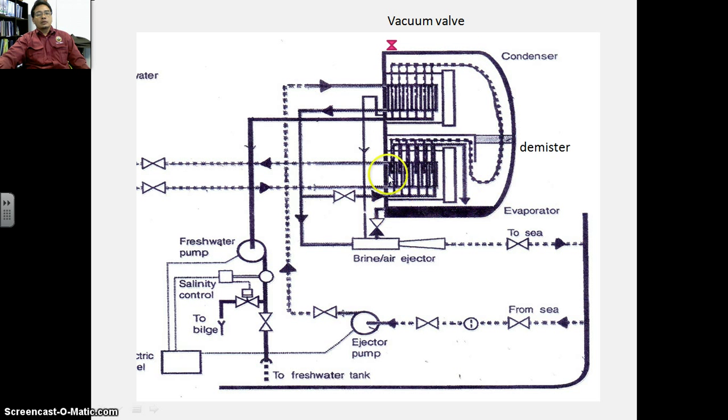The vessel is a closed type, and it has a vacuum valve at the top, and is attached to many pipes. The pipes are the inlet seawater pipe, the outlet seawater pipe, the jacket cooling circulating pipe, and the freshwater pipe.